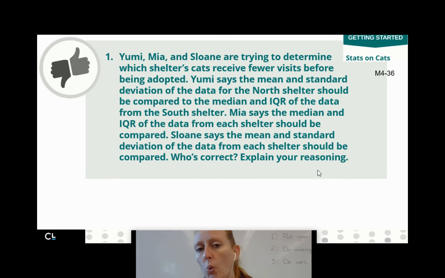And Sloan says the mean and standard deviation of the data from each shelter should be compared. Who's correct and why? Hit pause, jot down your thoughts, hit play to check your work.